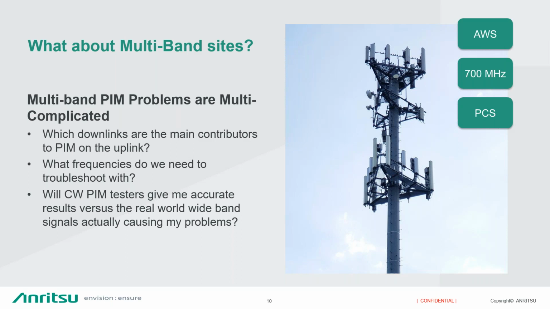But if the wideband interaction is giving you wideband IM products, then the analysis across the wideband actual real traffic is going to be more accurate. So there are a couple of different answers to this question based on the nature of PIM.